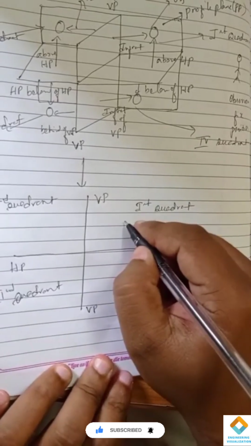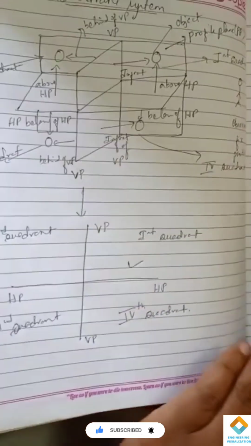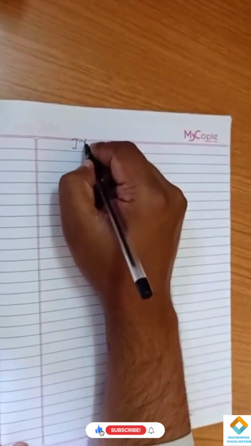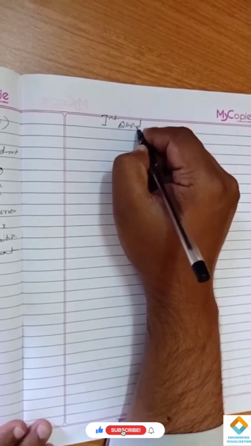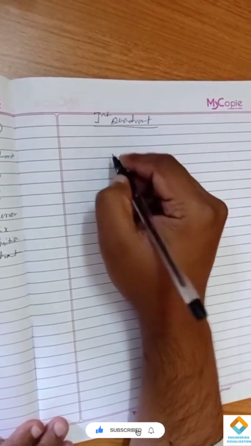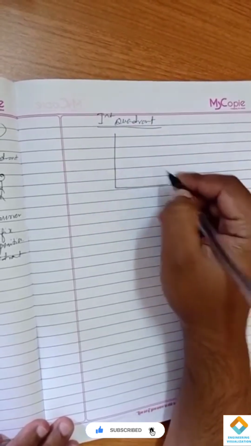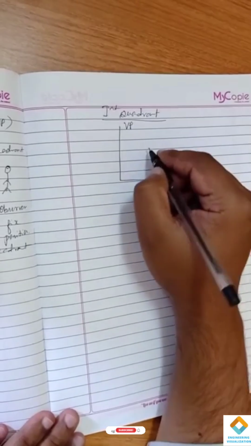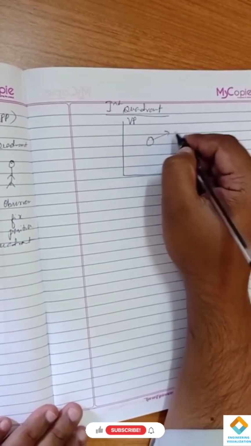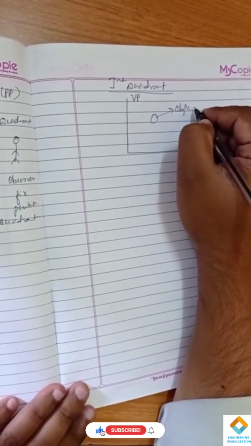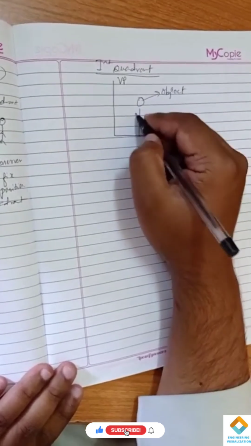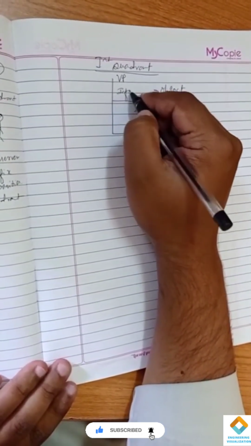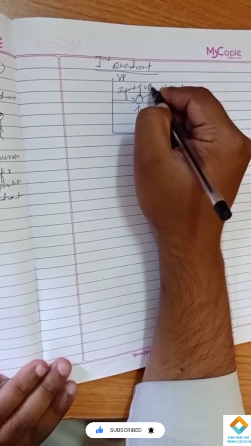Now initially I will take the first quadrant. It will be written like an L. First quadrant: vertical plane, horizontal plane. Now the position of the object. The object is lying above the HP and in front of the VP.